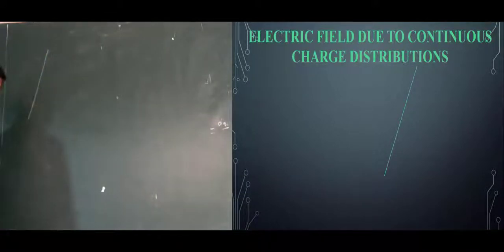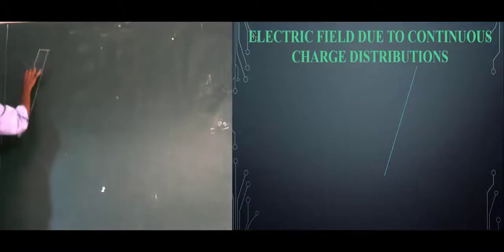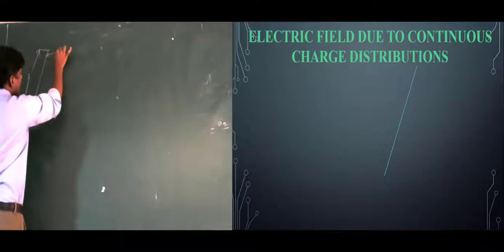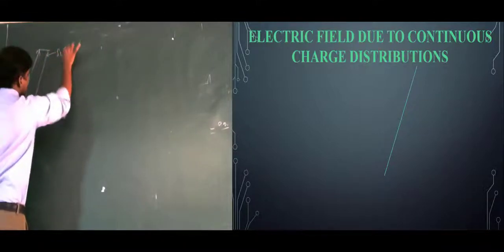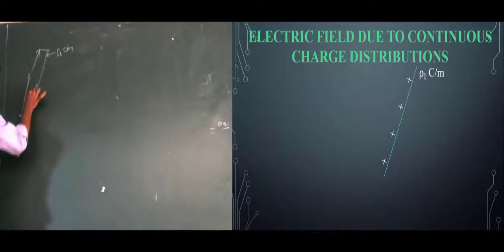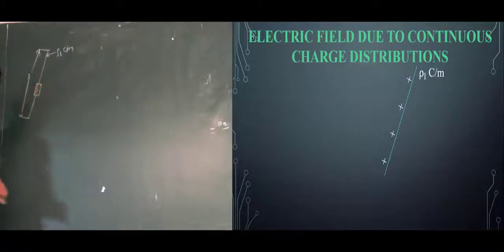This wire distributes the charge, the length of the wire is L meters, and the line charge density is rho suffix L coulombs per meter. Let us consider a small elementary length dl.